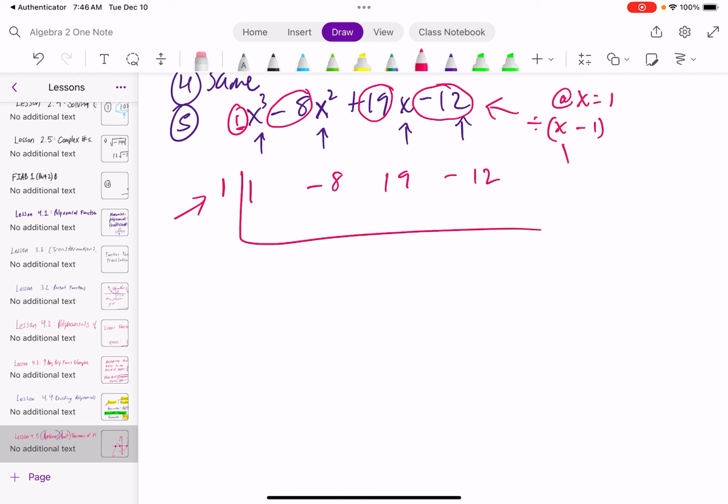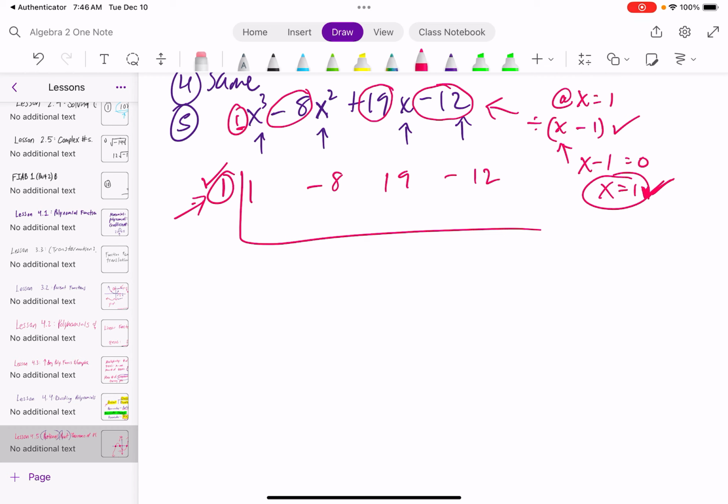Well, then what is x? Where are you evaluating this at? Well, x minus 1 is 0, because we're looking for the zeros, when x is 1. So therefore here you will put 1. You do not put x minus 1 there. You put 1. Whatever x is, that's what you put here.